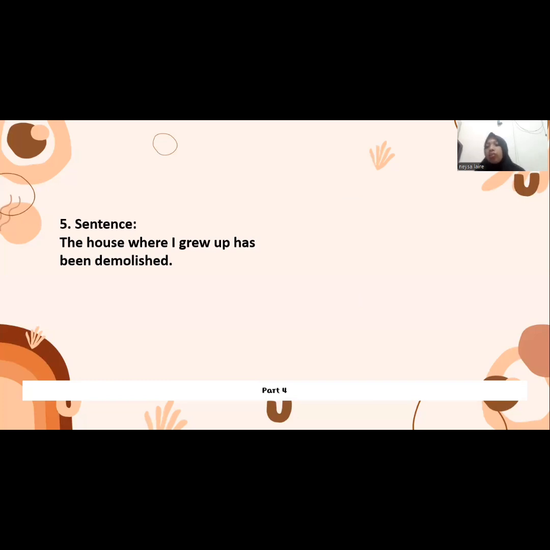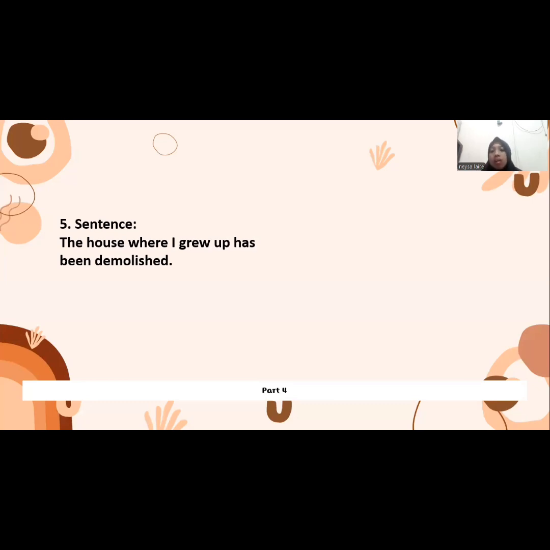Diagram structure description: subject noun phrase, determiner the, noun house, complementizer phrase, relative clause, complementizer where, subject noun phrase I, verb phrase, verb grew up, verb phrase, auxiliary has, verb phrase, verb been, verb demolished.